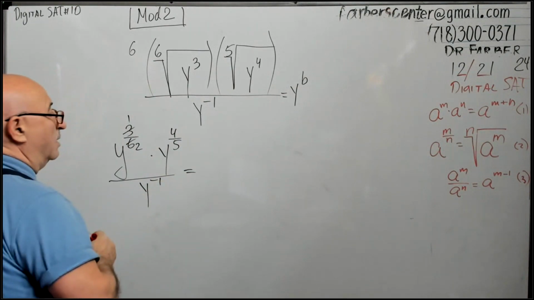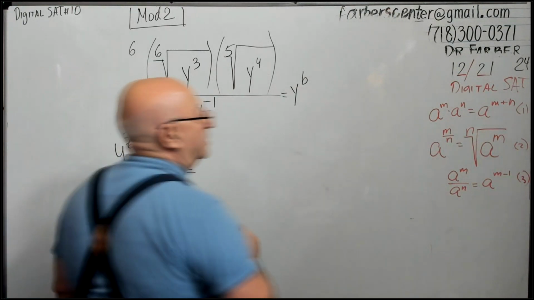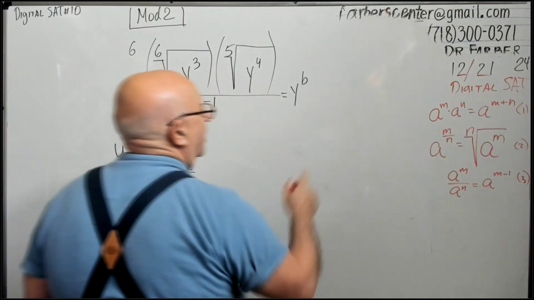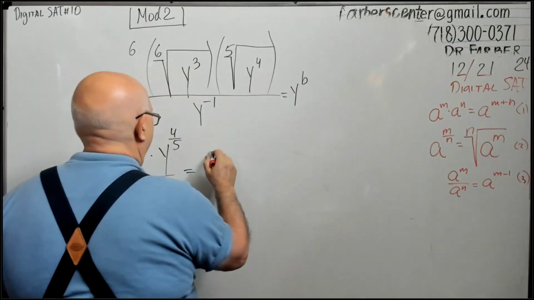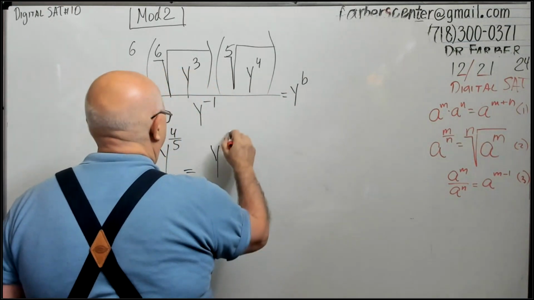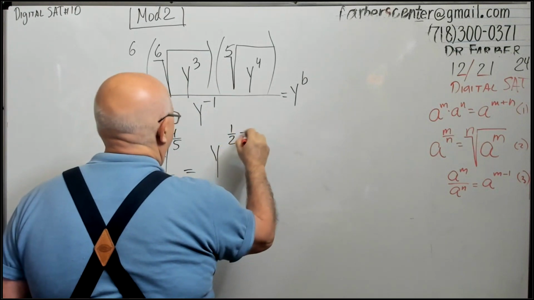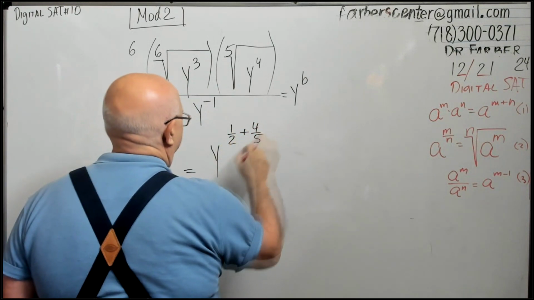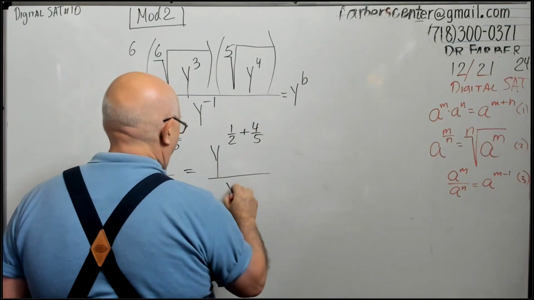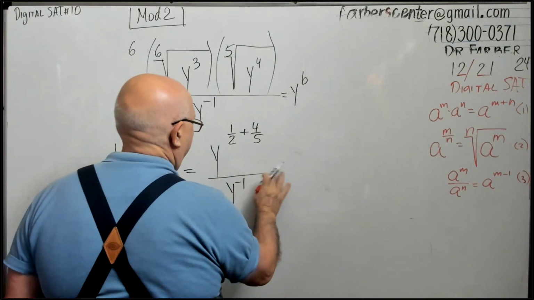So far so good. Now, based on formula 1, it would be y to the power 1 over 2 plus 4 over 5, and divide by y to the power -1.